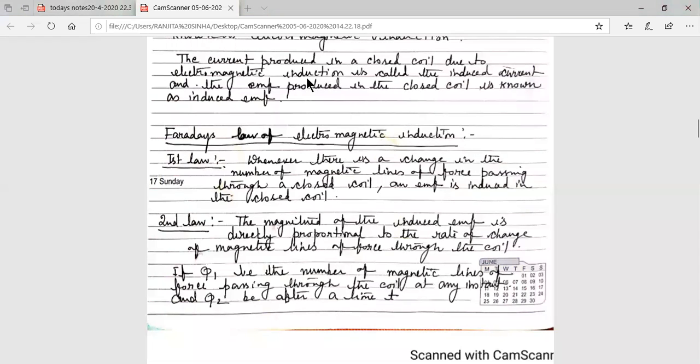Now, these are the two laws of Faraday's law of electromagnetic induction.